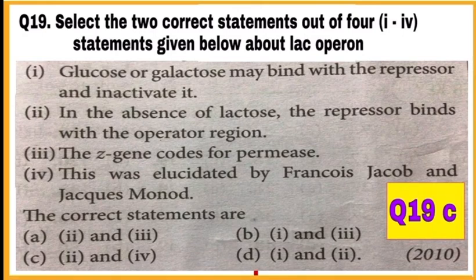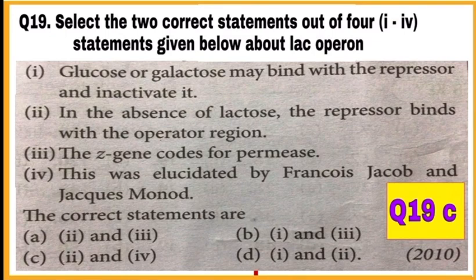It is lactose which binds with the repressor protein and inactivates it. Statement 2. In the absence of lactose, the repressor binds with the operator gene. This is a correct statement. If lactose is absent, the repressor binds to the operator gene and the operon is switched off. Statement 3. The Z gene codes for permease. No, this is the wrong statement. The Z gene codes for beta-galactosidase.